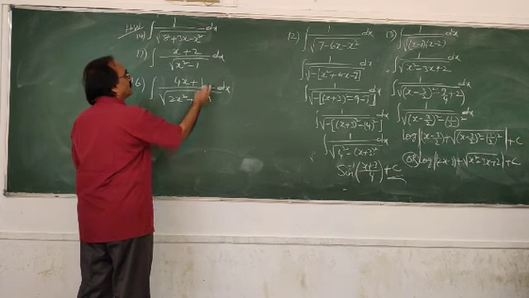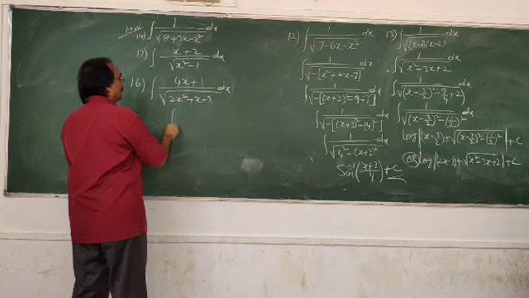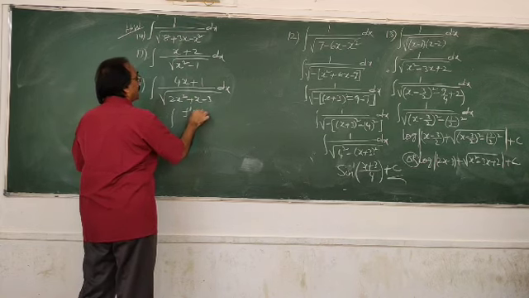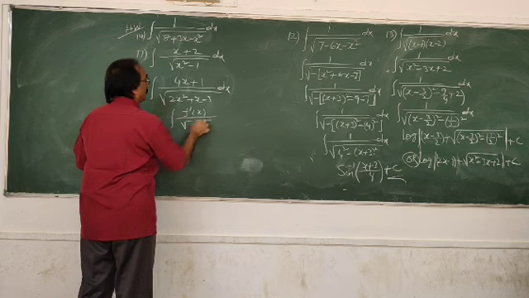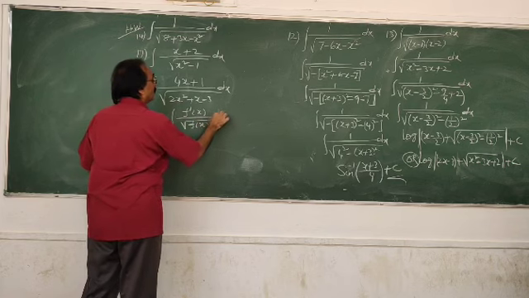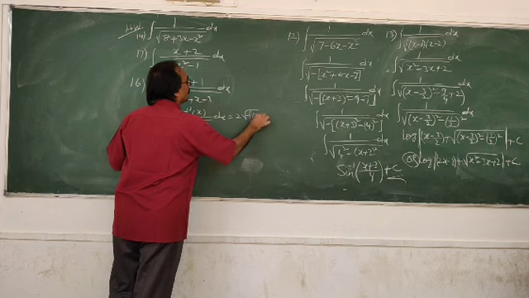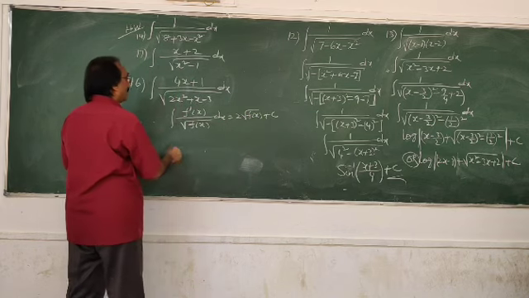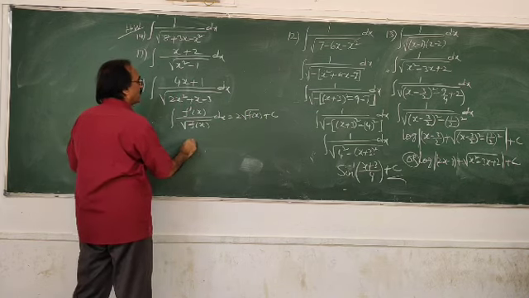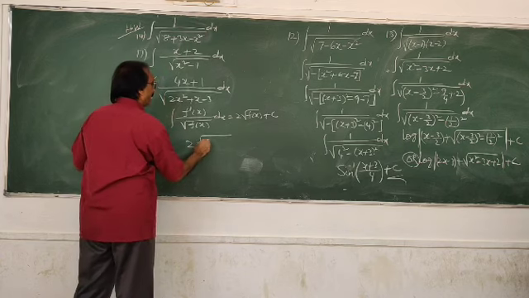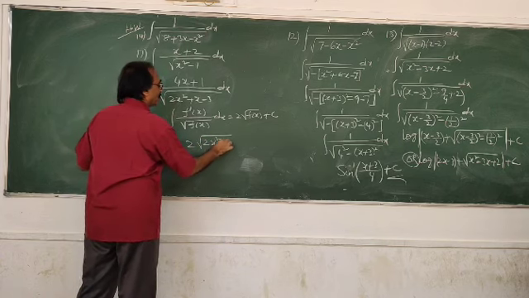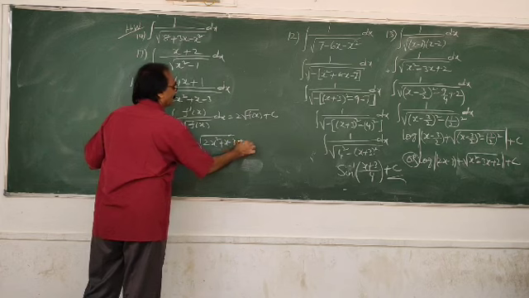What is the derivative of 3? 0. So which form is it? Integral f dash x by root f of x dx is equal to 2 root f of x plus c. So according to this formula, I proceed: 2 into root of f of x means 2 root of 2x square plus x minus 3, plus c.